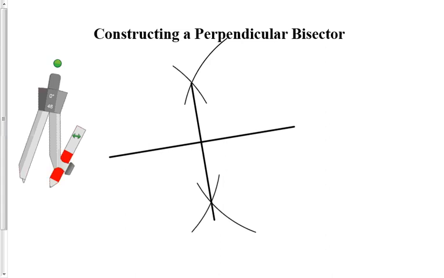So if I wanted to name, I could call this point A, point B, and now I could also name, I'll call this C and D. And now CD is the perpendicular bisector of segment AB. You may want to rewind and re-watch the construction of this perpendicular bisector.